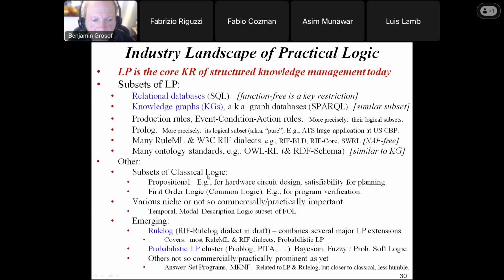So some subsets of classical logic: propositional, used for circuit design and hardware, and satisfiability for planning. First-order logic is often used for program verification.